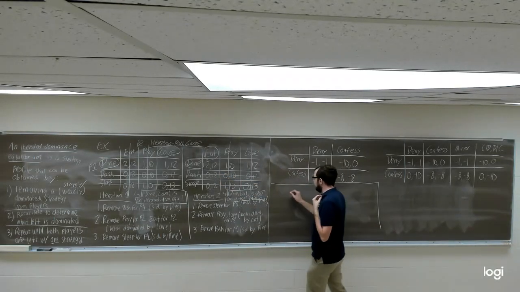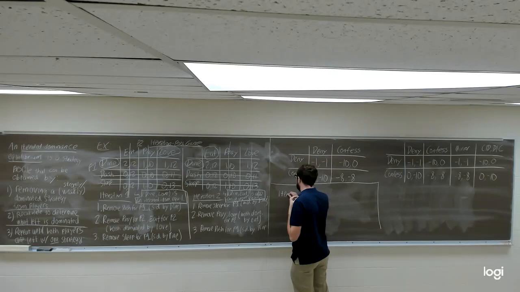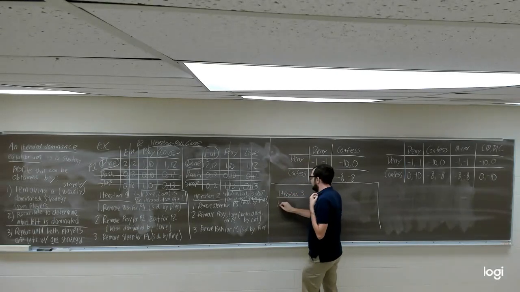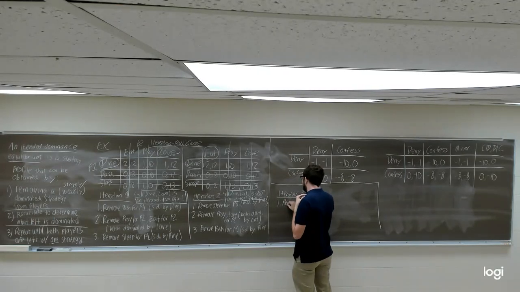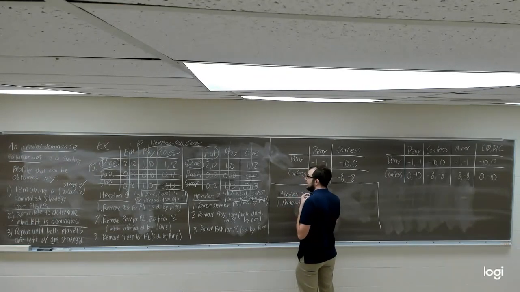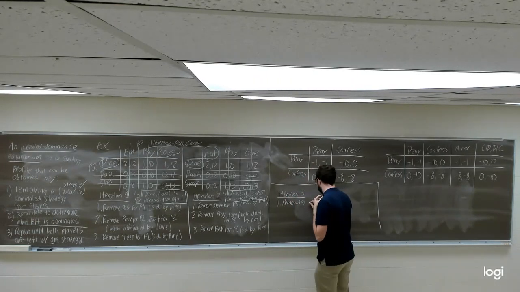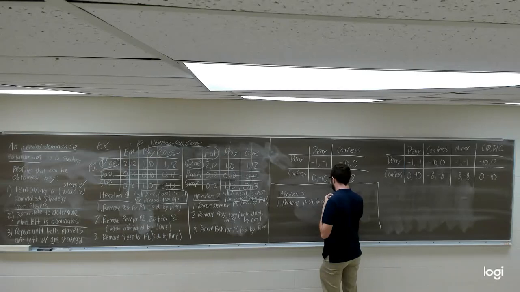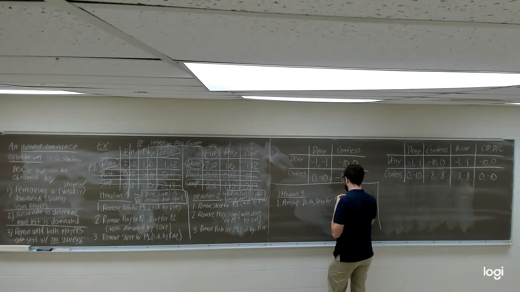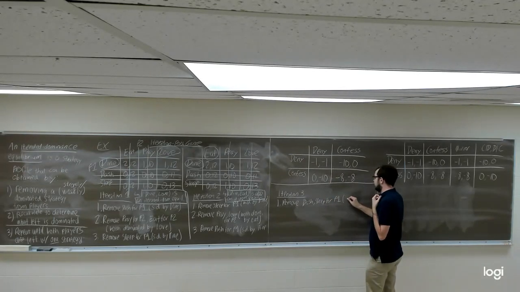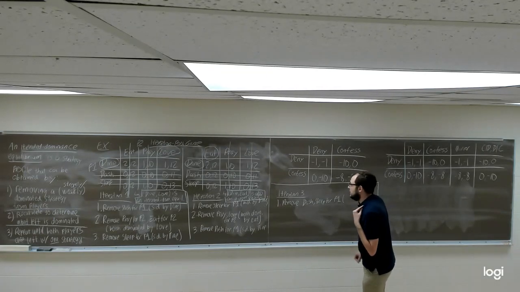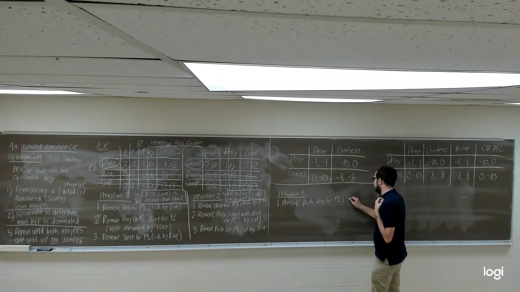But let's say we did it a third way. We could start by removing both dash and sleep for player 1, because they're both going to be dominated by dine.